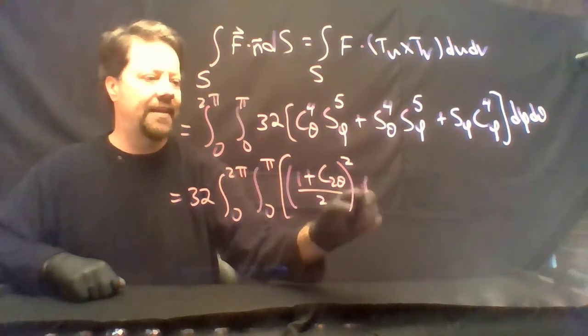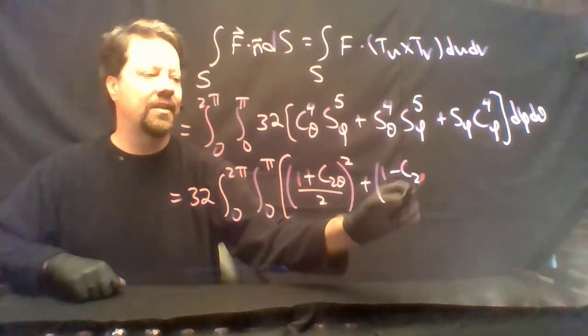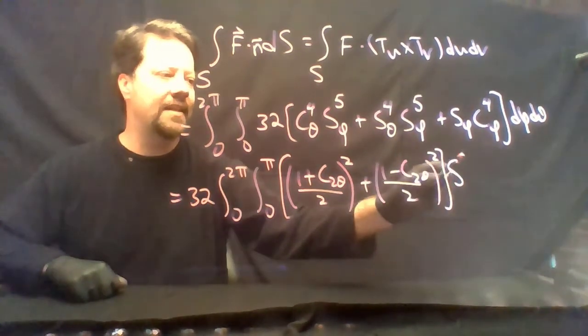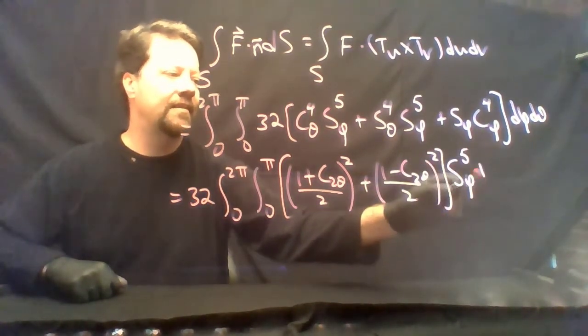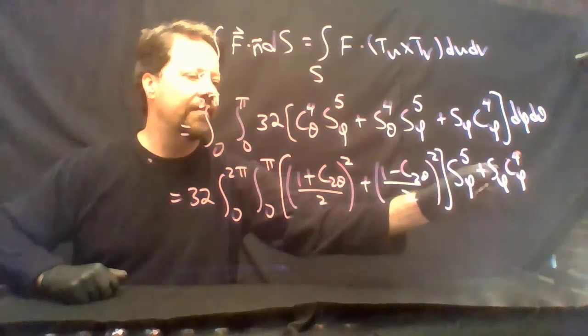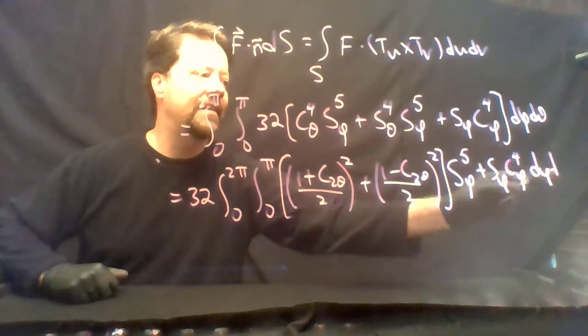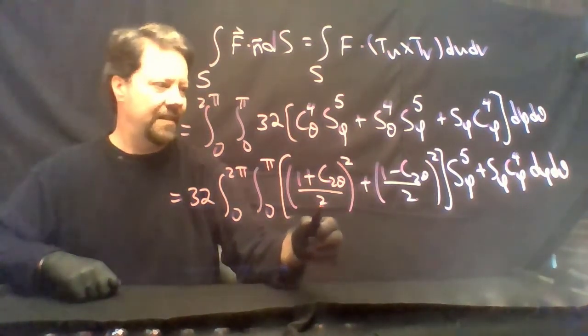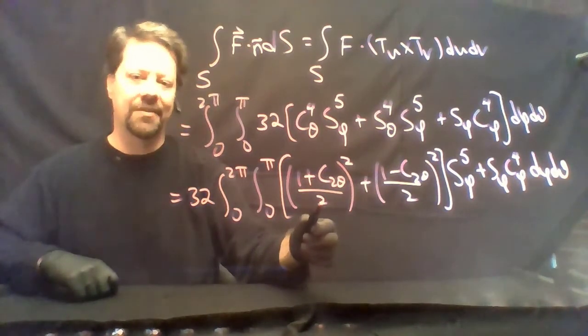We'll also have (1 minus cosine 2 theta over 2) squared. All of that times sine to the 5th phi, plus sine phi cosine phi to the 4th, all times d phi d theta. When we square these two, we'll have denominators of 4.